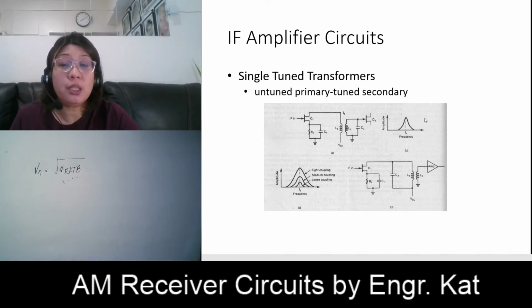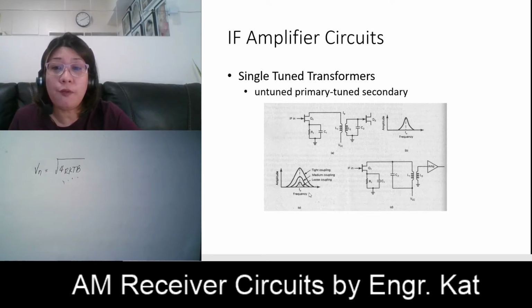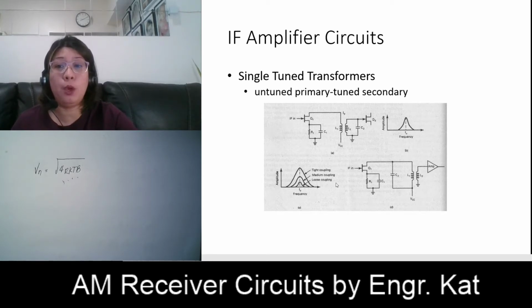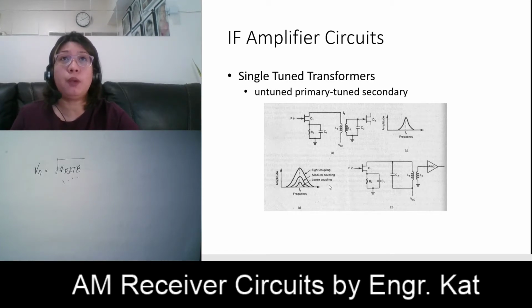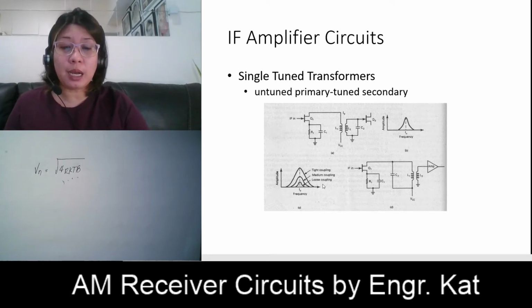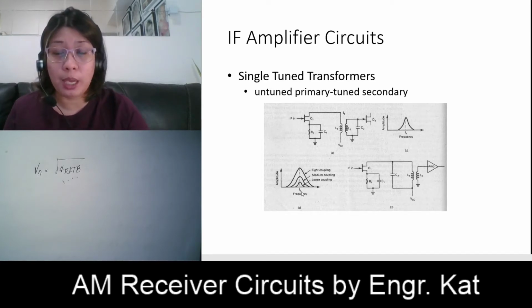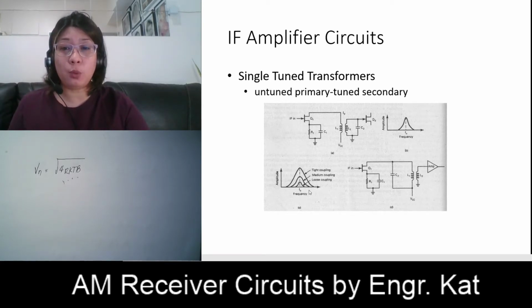So this is the frequency response, or the response curve. This shows the effects of coupling. Depending on the type of coupling, we have tight coupling, medium coupling, and loose coupling. Between the three, loose coupling has the narrowest bandwidth, meaning the lowest coefficient of coupling.